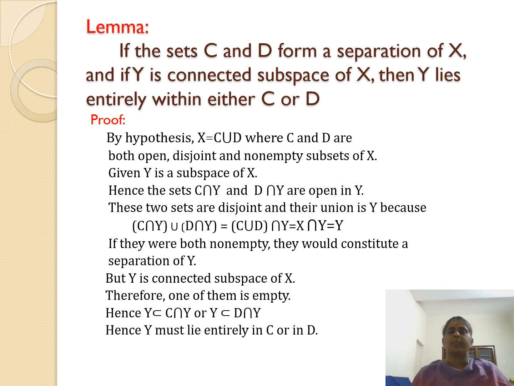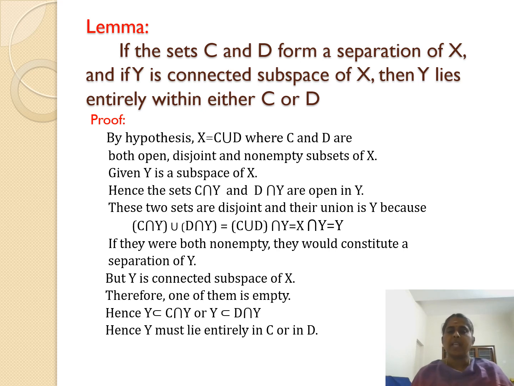Hence the sets C intersection Y and D intersection Y are open in Y. Because C and D are open and Y is a subspace of X, C intersection Y and D intersection Y are open by the definition of subspace.